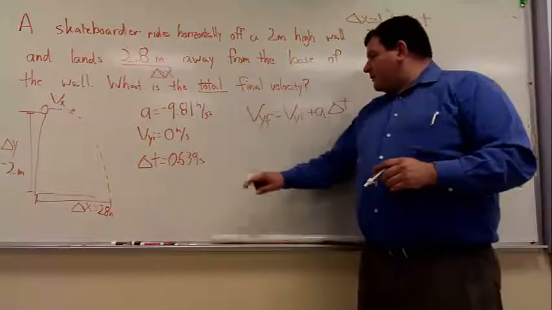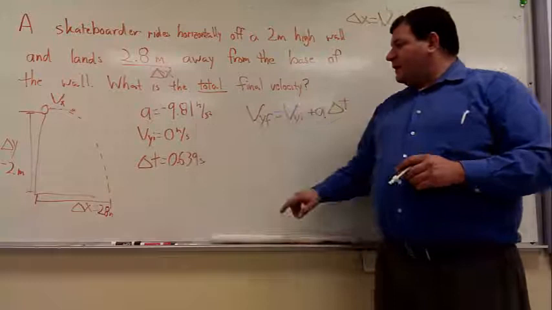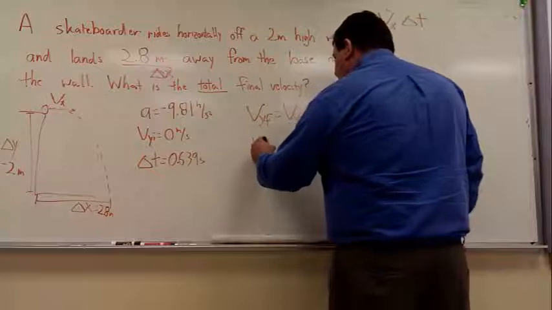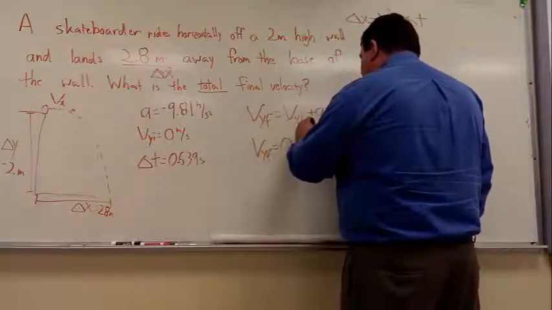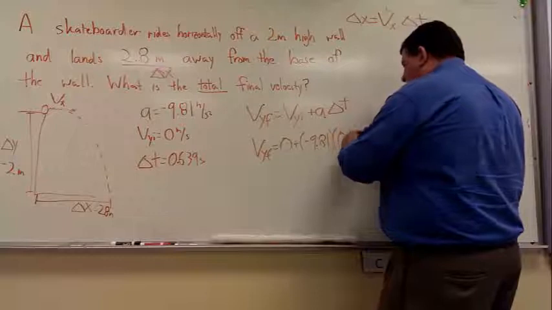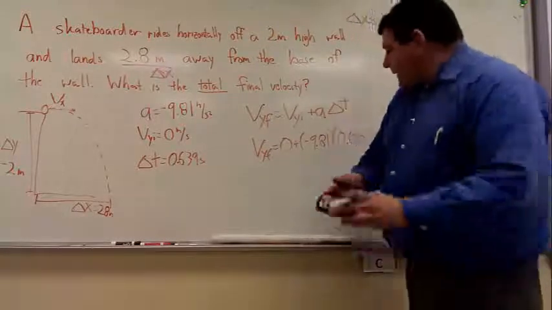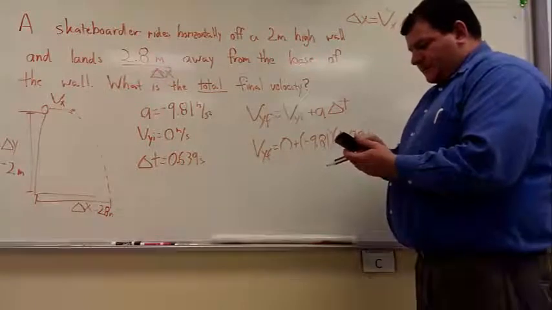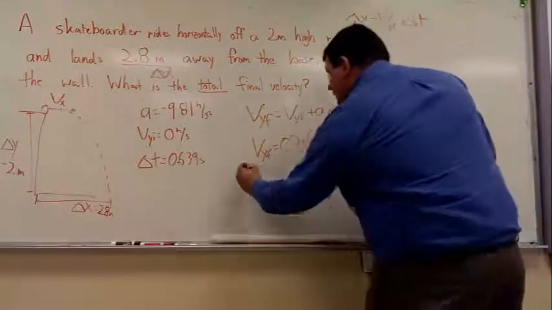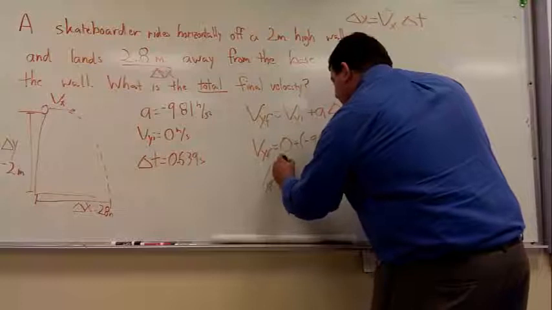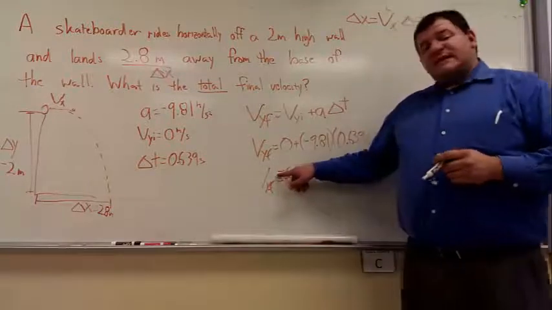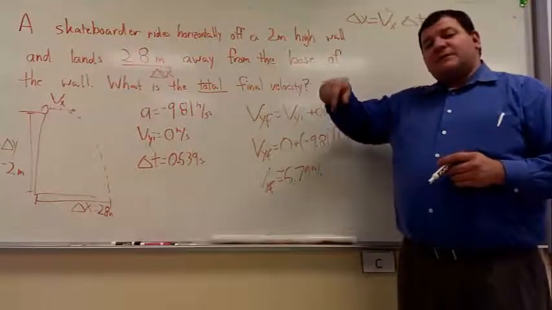Remember, Vyi is 0, my acceleration is negative 9.81, and we found out that the time was 0.639 seconds. So some quick calculating gives me a Vyf of negative 6.79 meters per second. This negative sign for Vyf, all that means is that the object is going down.